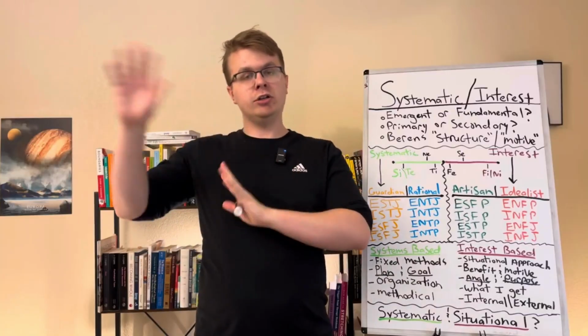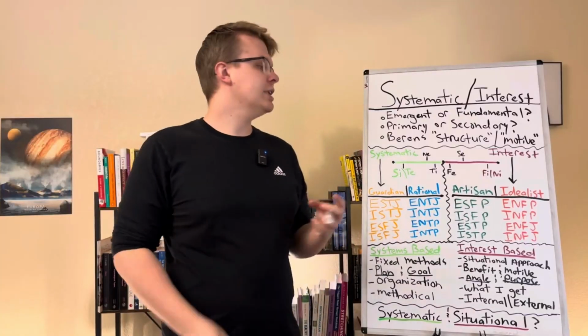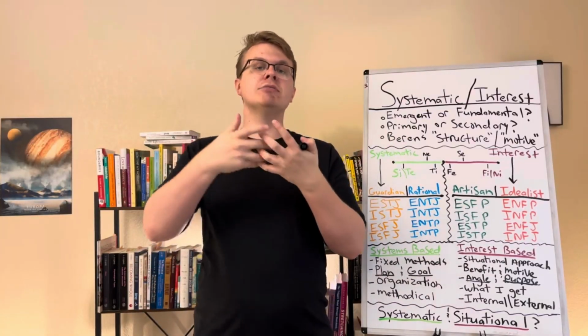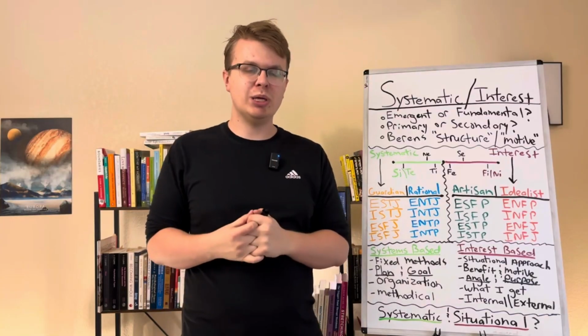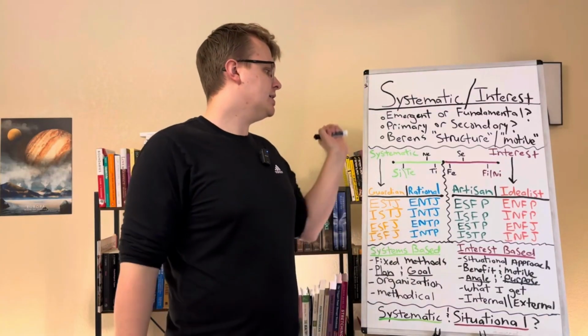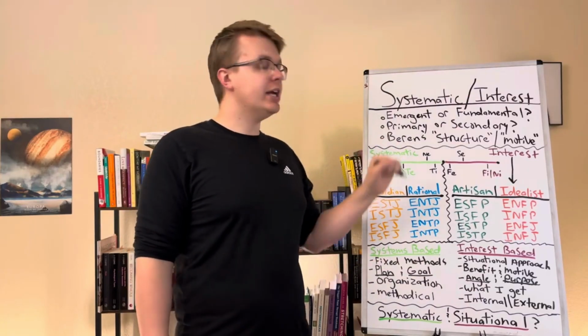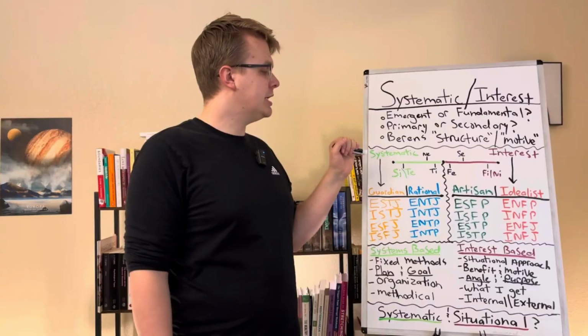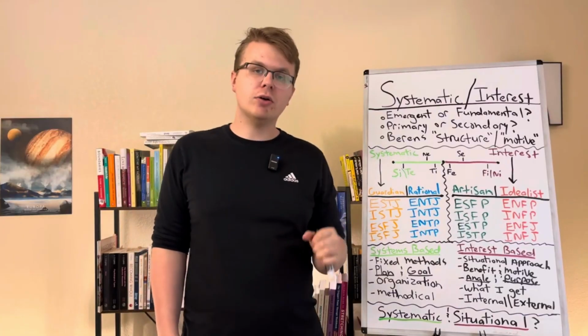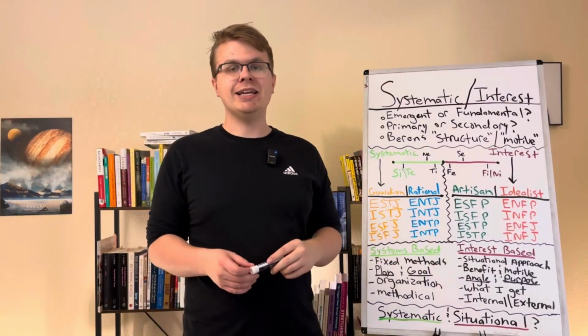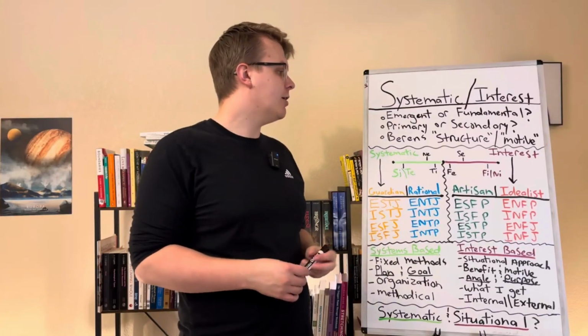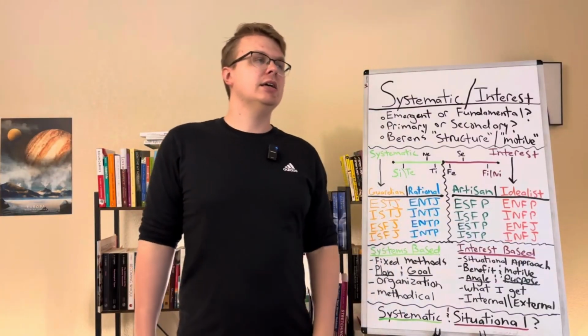So we can conclude, just based off exclusion, that SI and TE have something to do fundamentally with being systematic. And these functions are also the most methodical. STJs, particularly ISTJs, I would say, are the most methodical, okay? And then the ISFJ and ESFJ are pretty methodical as well.